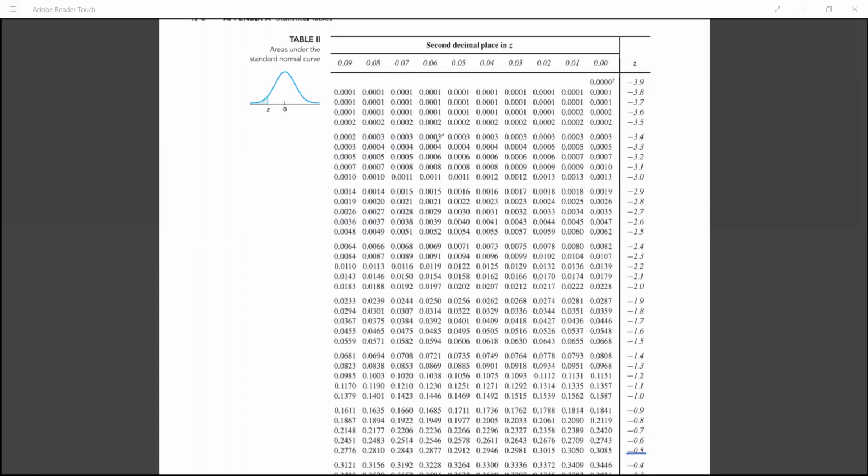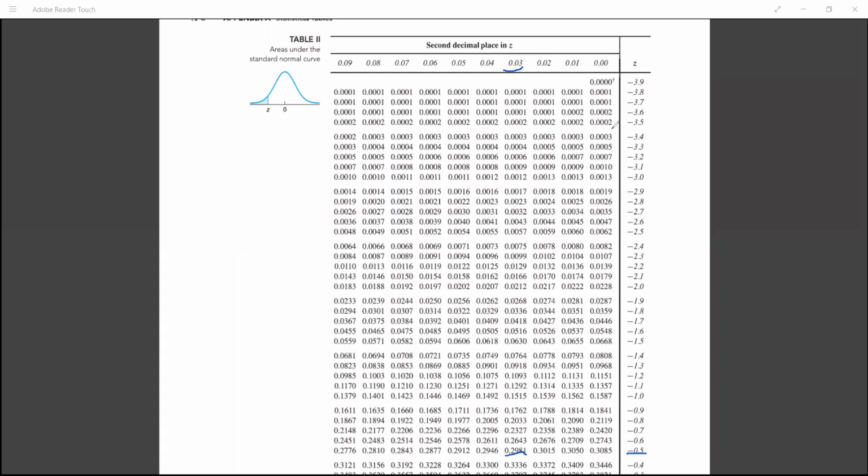In the column number 4, the number is 0.2981. So 0.2981 is the next number.